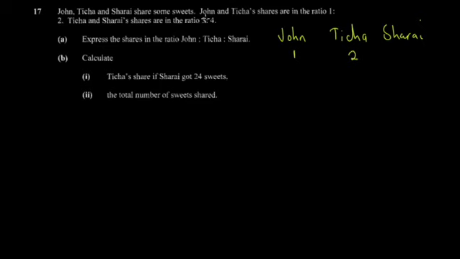This can get really confusing, so listen carefully. John and teacher have this ratio here. This ratio could be 2:4. This ratio could be 16:32. It's still fine. It's still in the ratio 1:2. But then here you want teacher's share to correspond to Sharai's share. Teacher's share has to be 3 here.